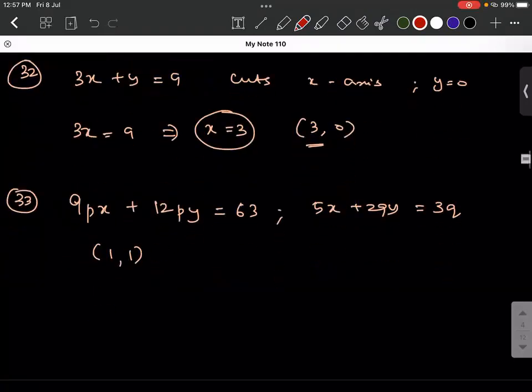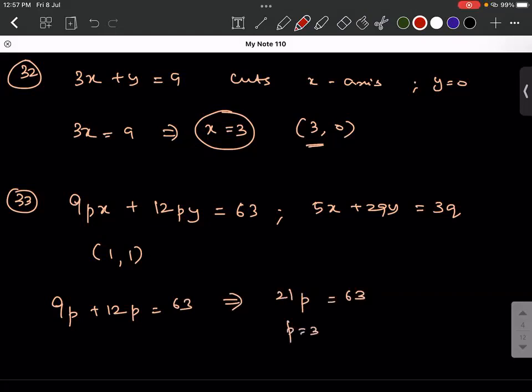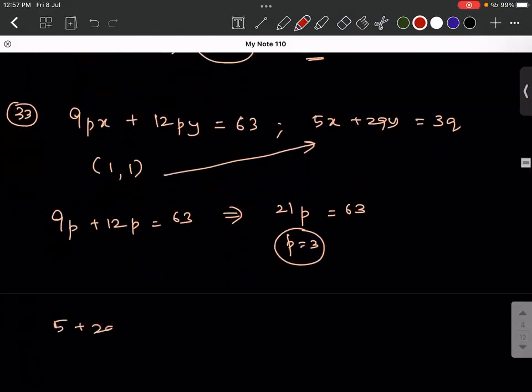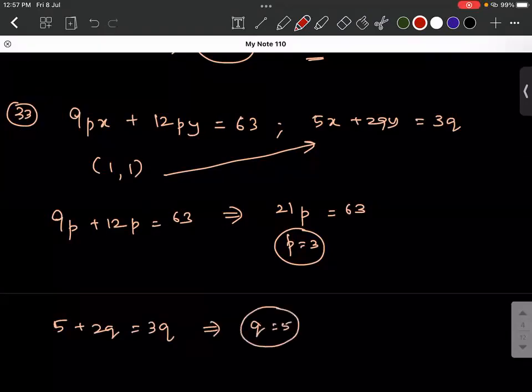You substitute it here, you get 9p plus 12p is equal to 63, which implies 21p is 63. So how much is p? Very good. Similarly, if I substitute it here, what do I get? 5 plus 2q is equal to 3q, which implies q is equal to 5. That's it.